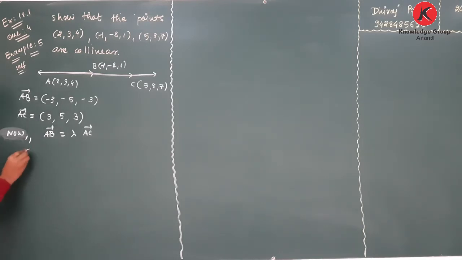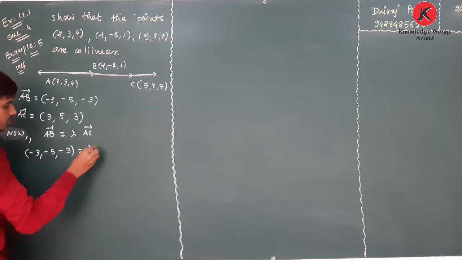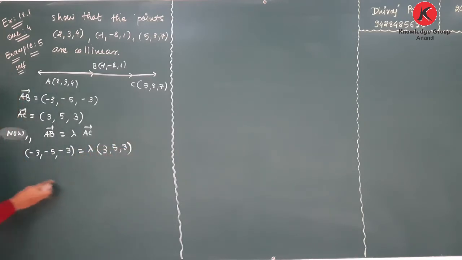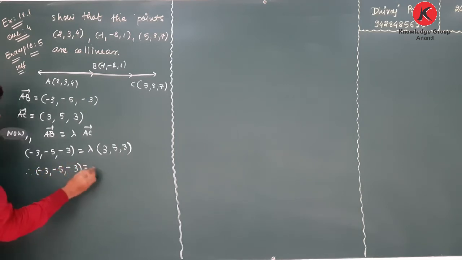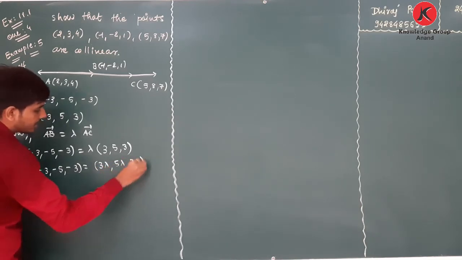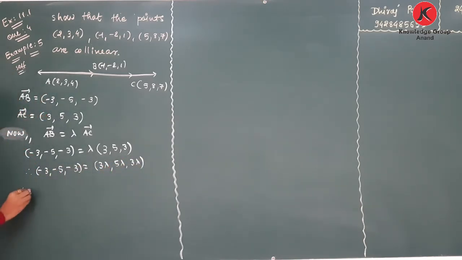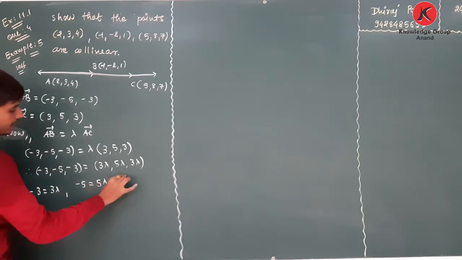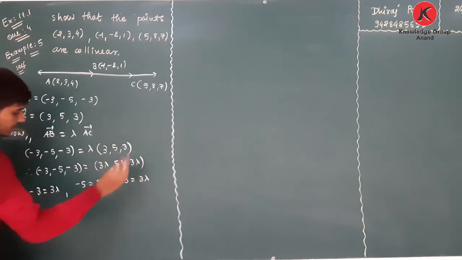Vector AB is given as (-3, -5, -3), which equals lambda into (3, 5, 3). Now multiply this: we get (-3, -5, -3) equals (3 lambda, 5 lambda, 3 lambda). Compare the respective elements. We get -3 equals 3 lambda, -5 equals 5 lambda and -3 equals 3 lambda.